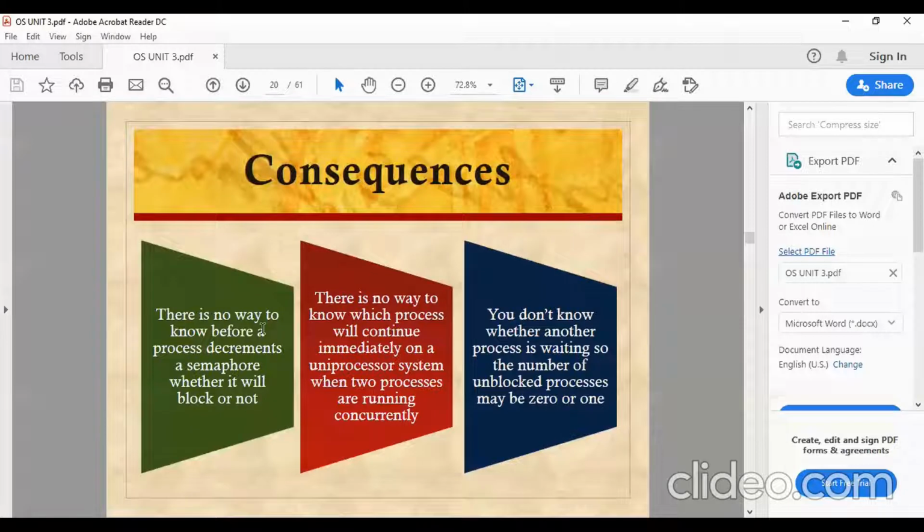There is no way to know, before a process decrements a semaphore, whether it will be blocked or not.